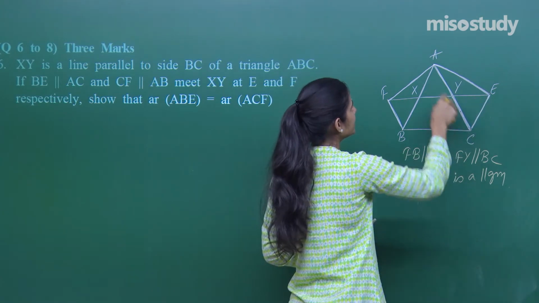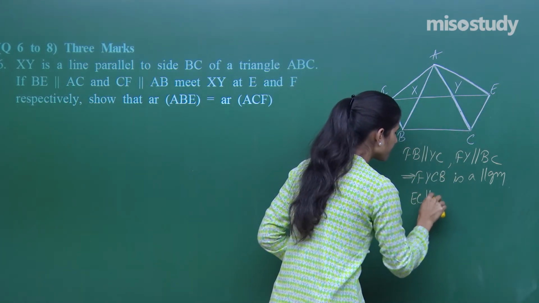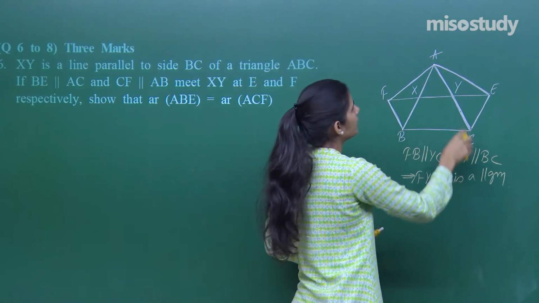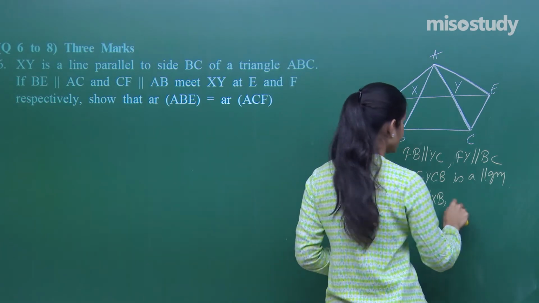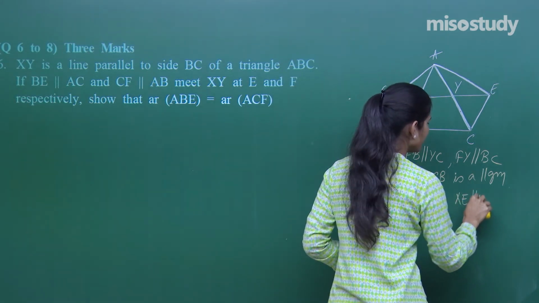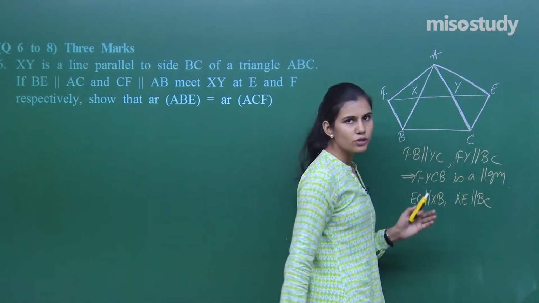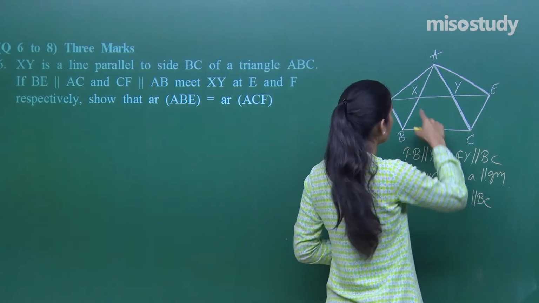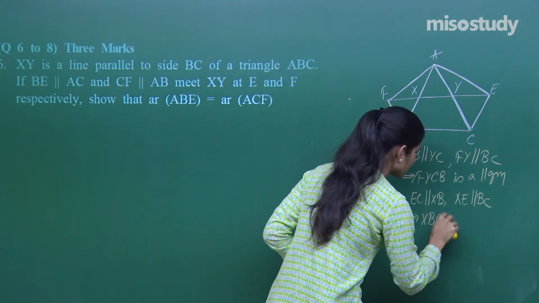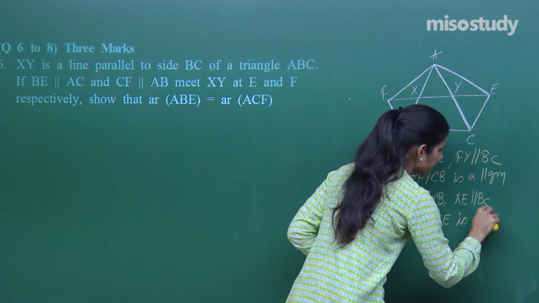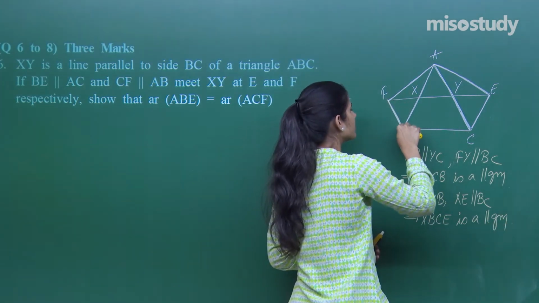Moreover, EC is parallel to AB, so EC will be parallel to XB. Then I have XE will be parallel to BC, that is given to me. XE is parallel to BC because this entire FE is parallel to BC, so one of its parts will also be parallel to BC, not a problem. And that gives me XBCE is a parallelogram. So you have this.